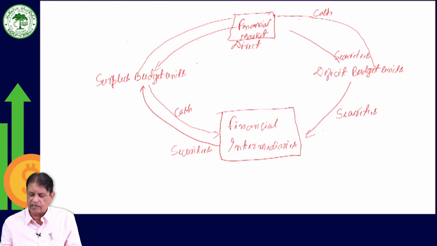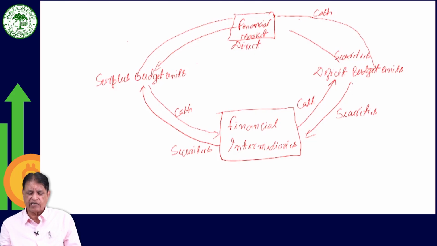So when they purchase the securities issued by the deficit budget units, the fund or cash is transferred to the deficit budget units. So we see that the cash is again going to the deficit budget unit, but it is going through financial intermediaries. That is, the financial intermediaries or financial middlemen are standing between the surplus budget units and deficit budget units.